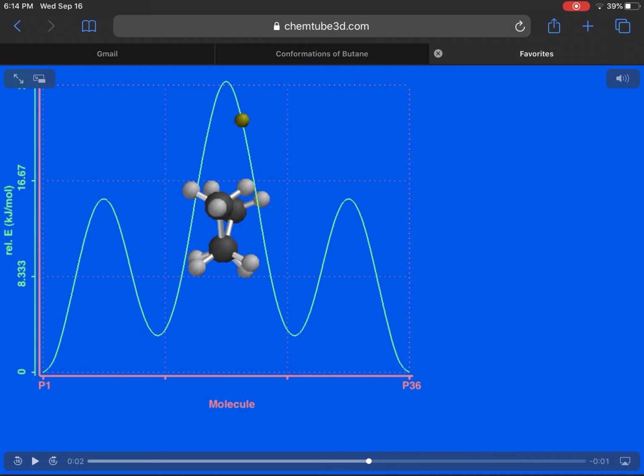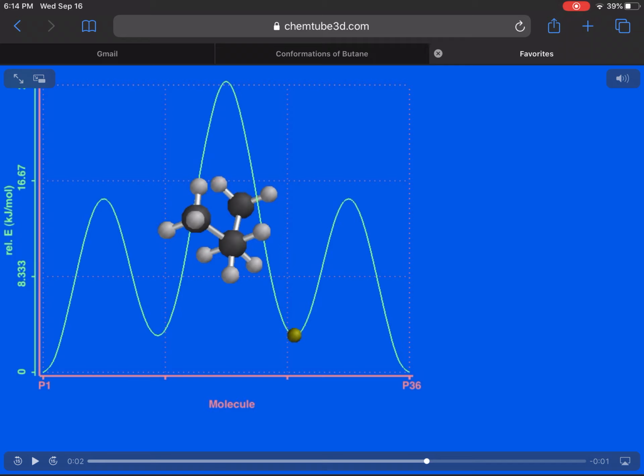I was a little off on pausing this one, but you get the idea. Let me see if I can run it back. There we go. Now we're at another eclipse, but in this case, the methyl groups are directly in front of each other. So you're maxing out on steric strain, in addition to your torsional strain. So that's at an energy maximum.